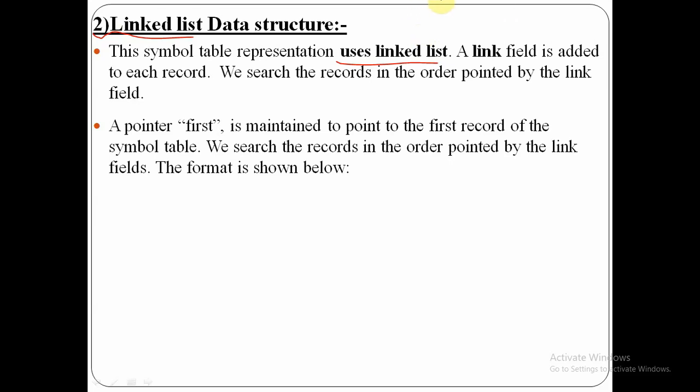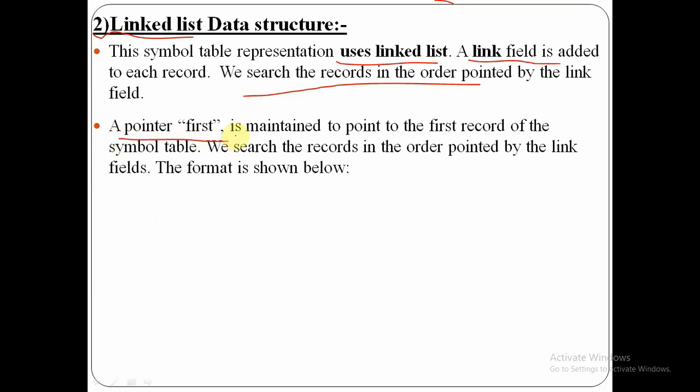So in each node a link field is added to the record so that we can find the next node in the list. We search the records in the order pointed by the link field only. And to represent the starting of the linked list, a pointer first is maintained.